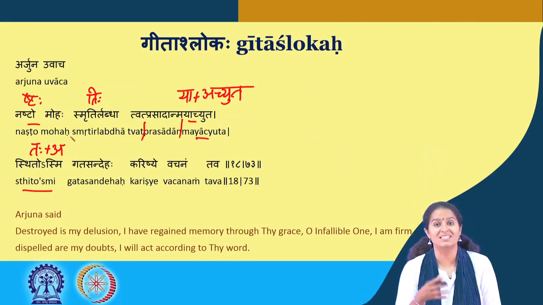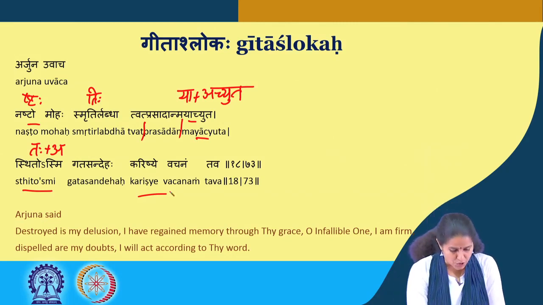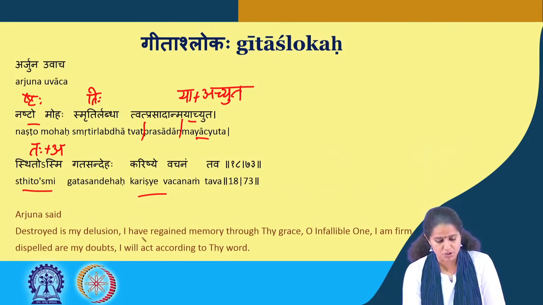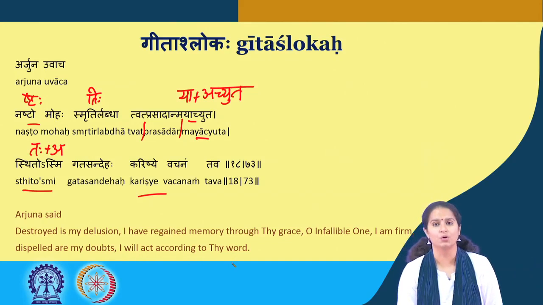Here you have a form which is karishye, and this is another kind of conjugation which we will look at down the line. So Arjuna said, destroyed is my delusion. I have regained my memory through thy grace, O infallible one. I am firm, dispelled are my doubts. I will act according to thy word.